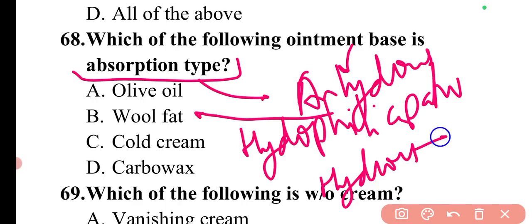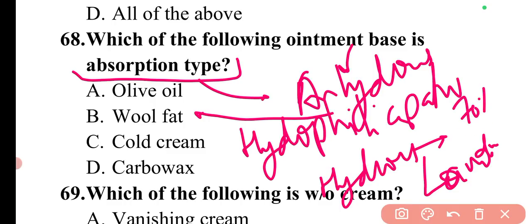Then in hydrous absorption bases, there is lanolin, which is hydrous wool fat, that is 70% wool fat and 30% purified water. There can be rose water ointment, cold cream, and wool alcohol ointment. These are the hydrous absorption bases.